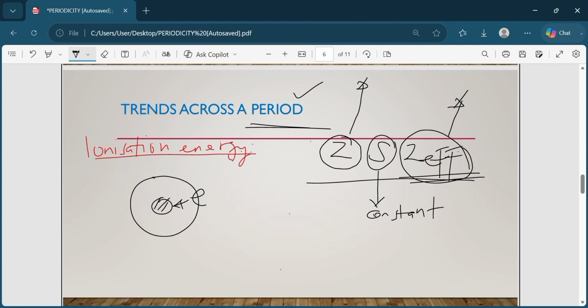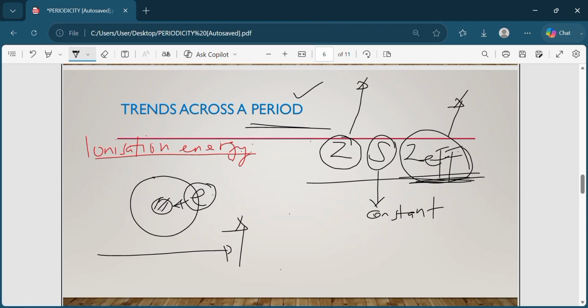You realize that the energy required will generally increase. It will increase because as you're moving across a period, the effective nuclear charge that is pulling the electrons towards the nucleus has increased. So the amount of energy required to act against the force pulling the electrons towards the nucleus when we are trying to remove an electron will also increase.